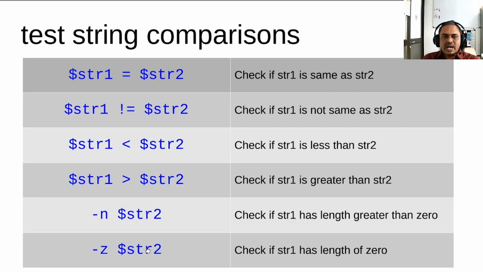And you could also ask whether the string has a non-zero length, and this can be done in two ways: -n to ask whether the string is having a length greater than 0, so then it is true, and the opposite of it using -z, whether the string has a length of 0 or not. So you could see that -n and -z have opposite outcomes, and we have already tried this out in an earlier exercise for the test conditions once.